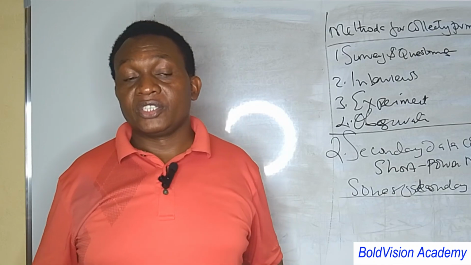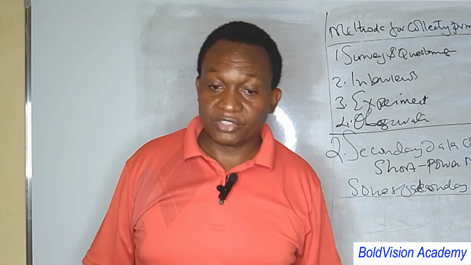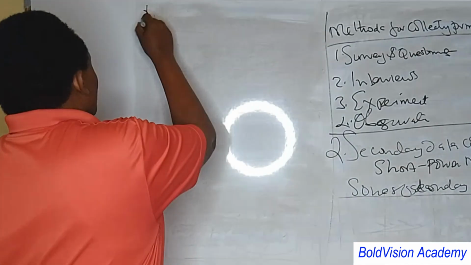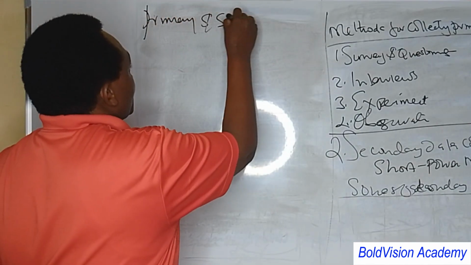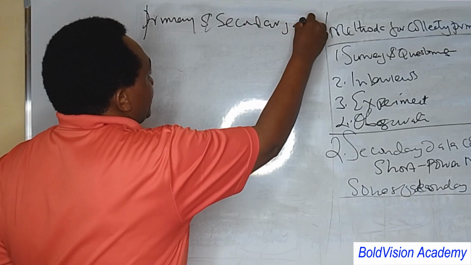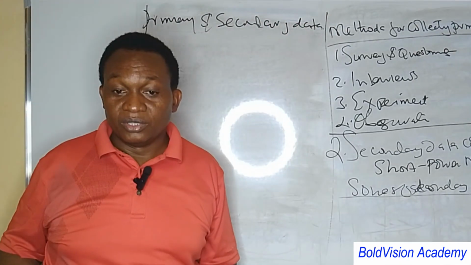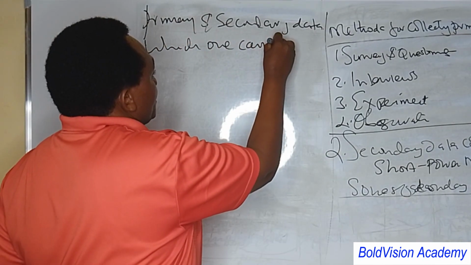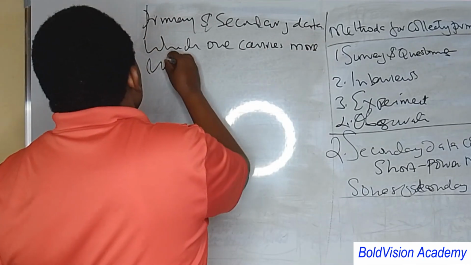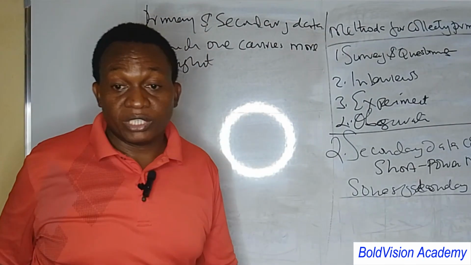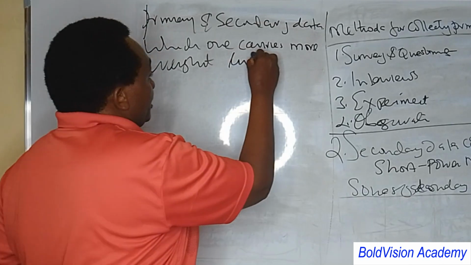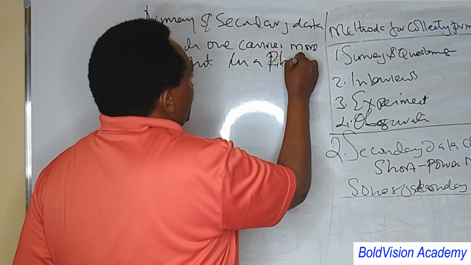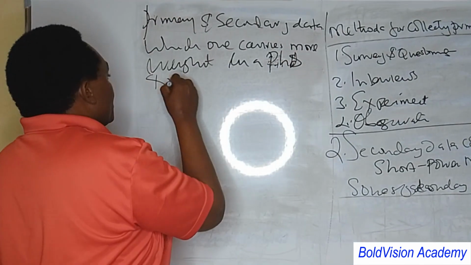So that takes us to the most important part of this session, that is between primary and secondary data. Which one carries more weight in a PhD dissertation?